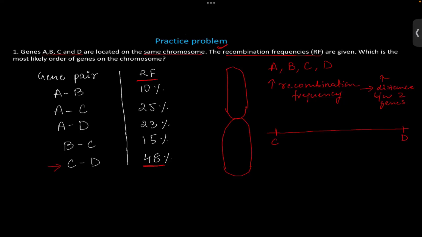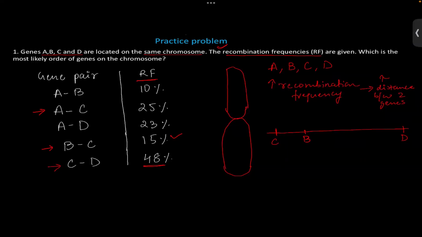For BC, the recombination frequency is 15%. For AC, the recombination frequency is 25%. Since we are looking for the closest gene to gene C, we will choose this pair and place B at a close position to C, right?